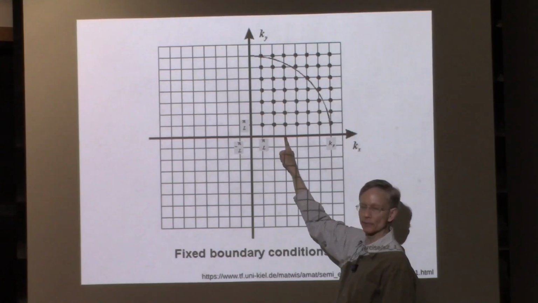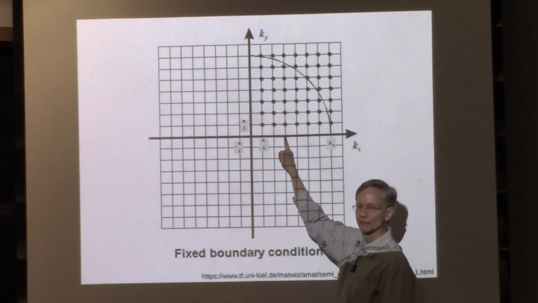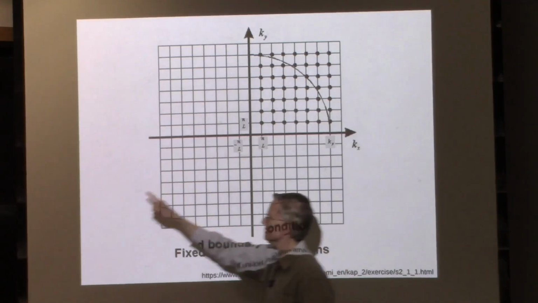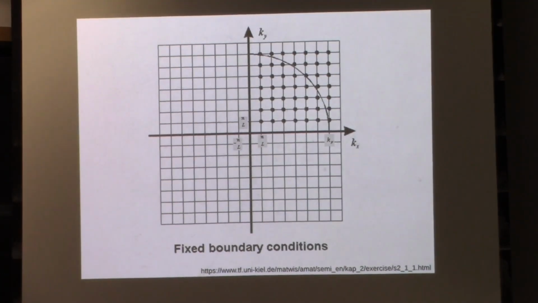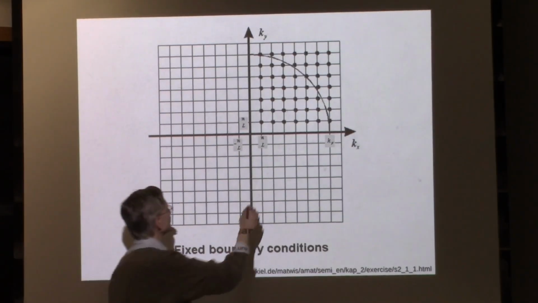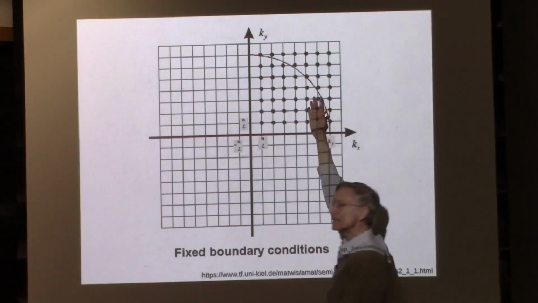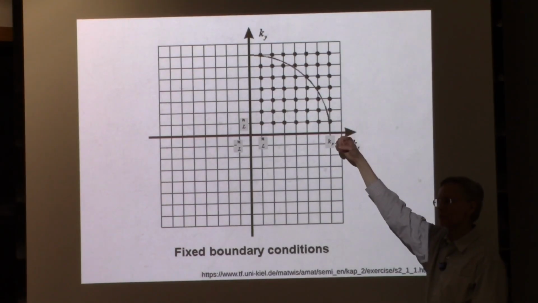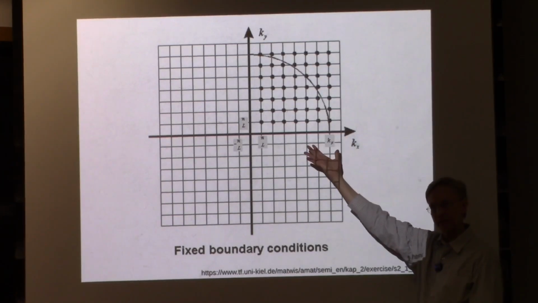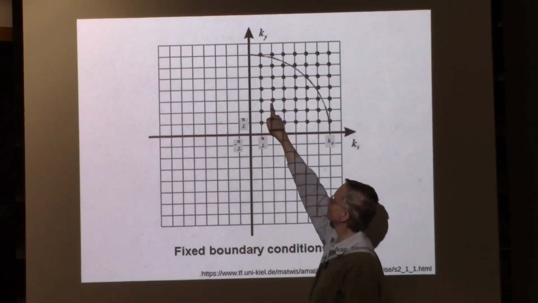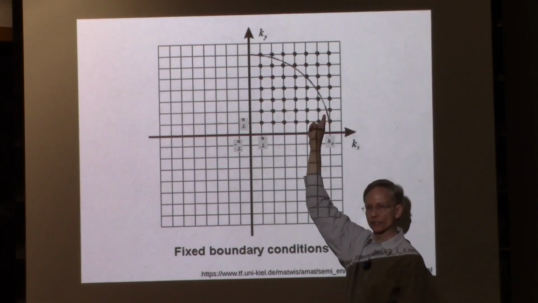There won't be a particle, right? Because if k sub y is equal to 0, the wave function goes away. So I am only allowed to be on one of the grid points in the positive quadrant. In 3 dimensions, it'll be a grid point in the positive octant.